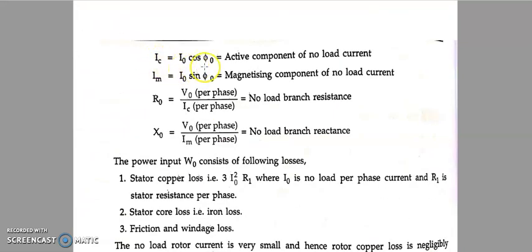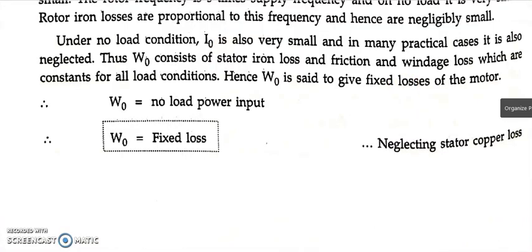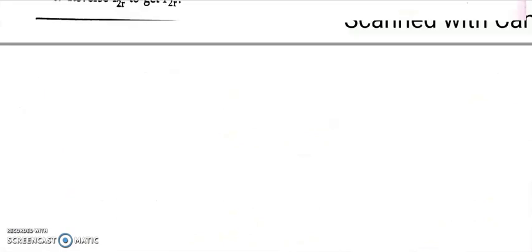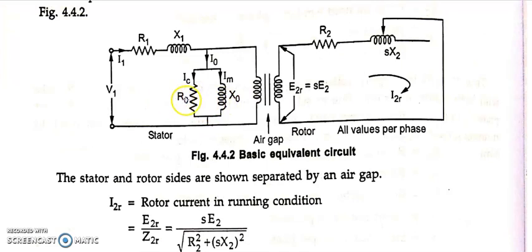So IC is equal to I0 cos phi 0 as well as IM is equal to I0 sin phi 0. This you can easily calculate by referring to the phasor diagram which we discussed earlier. And R0 is equal to V0 by IC. How this has come, you can take help of this diagram. We know that the voltage across this is V0.